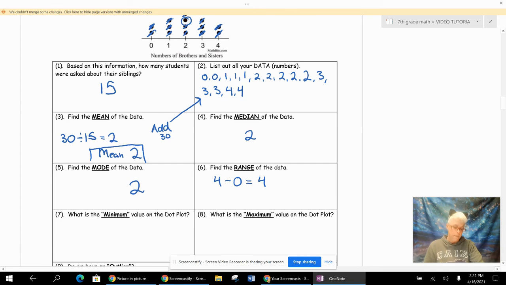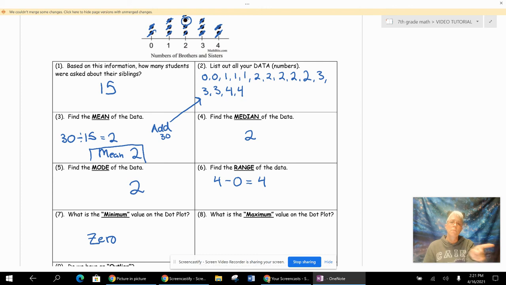It's pretty easy, right? So you notice we're taking what we learned yesterday and applying it to what we're doing today. So then it says, what is the minimum value on the dot plot? If you look again, the lowest number that has a dot above it is 0. And the maximum value is the largest number that actually has a dot above it.